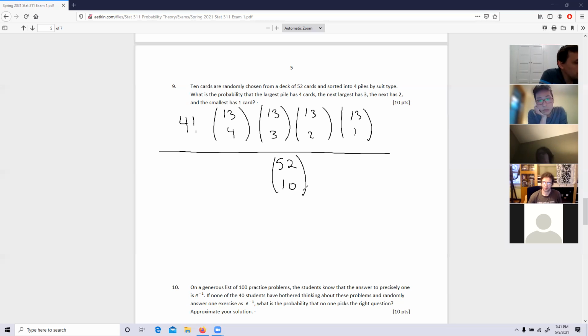The numerator describes which suit received what, and that's automatically true once I know which cards I picked. So 52 choose 10. If I list those cards, I automatically know how to sort them into suits. So that's right.